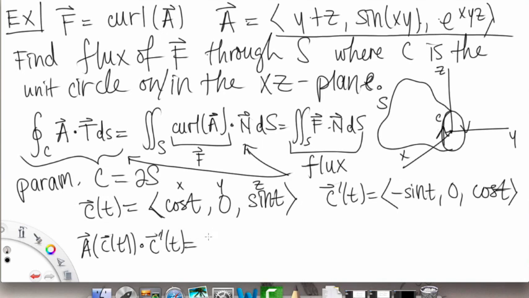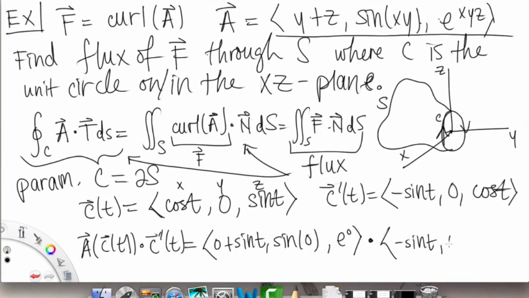So what we do is y plus z is 0 plus sine t. And then for the second component, we have a sine of x times y, which would turn out to be just a 0. And then for the last one, we have e to the xyz, which, because the y is 0, would turn out to be e to the 0. And then we have it dotted with the c prime of t, so dotted with negative sine t, 0, and cosine t. Alright, I'll continue this on the next slide.